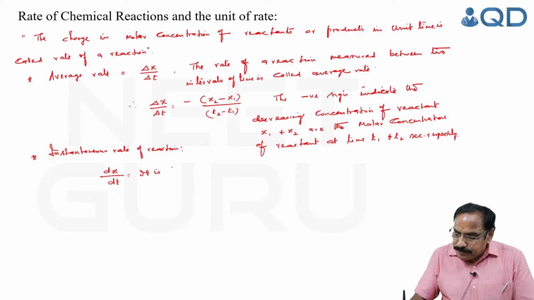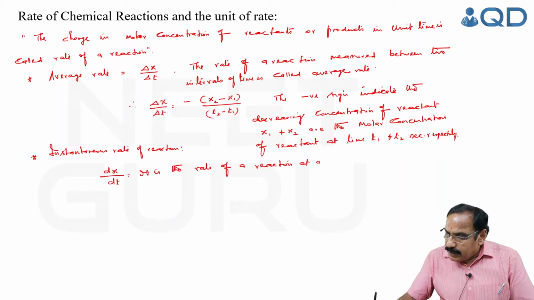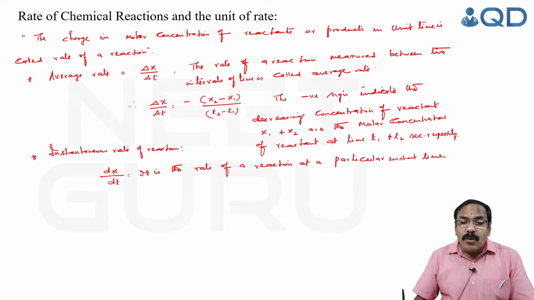It is the rate of a reaction at a particular instant of time. So the change in concentration is very small and the time interval is also very small. dx by dt is called the differential rate.